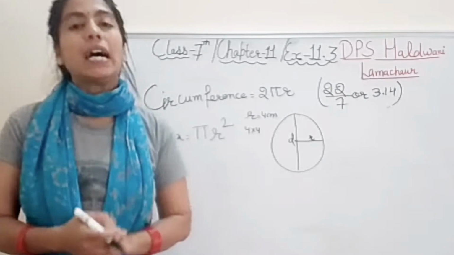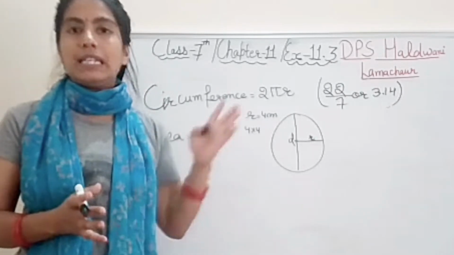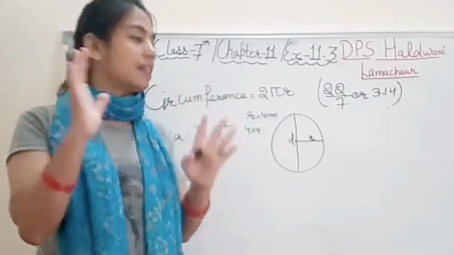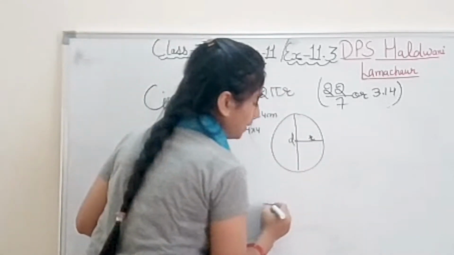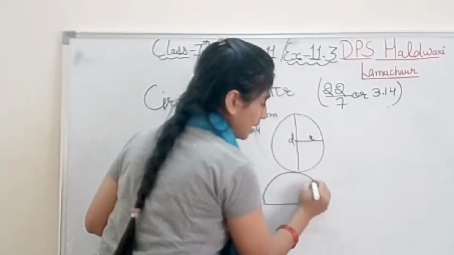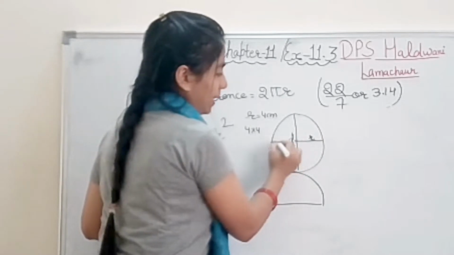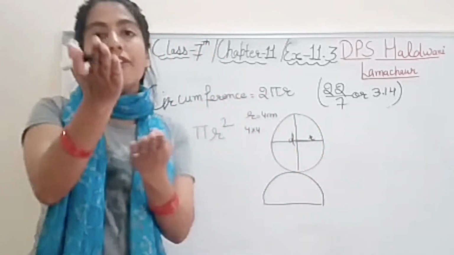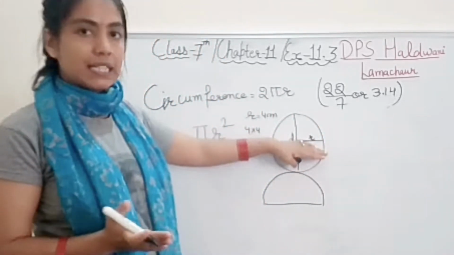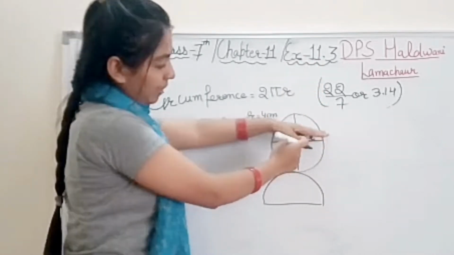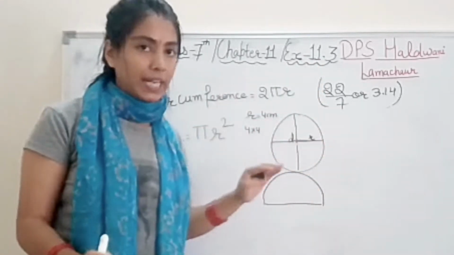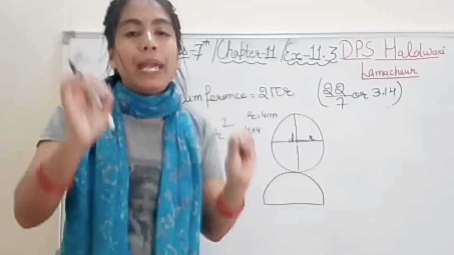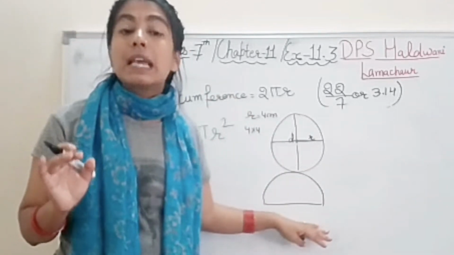Now the third type that we have in this exercise is semicircle. What is semicircle students? This is semicircle. Semicircle means half of the circle. When I cut this circle, this is a semicircle, the down one is also a semicircle, right? So what is perimeter for semicircle?